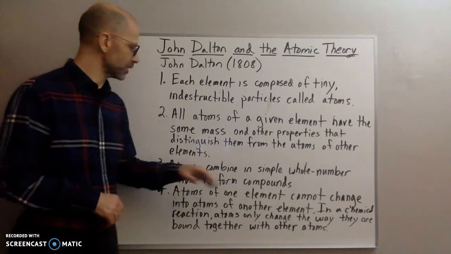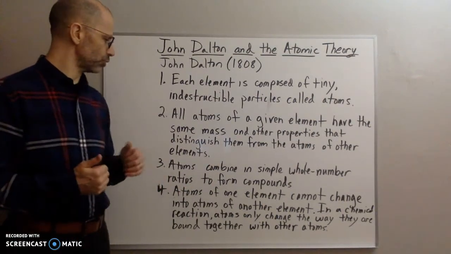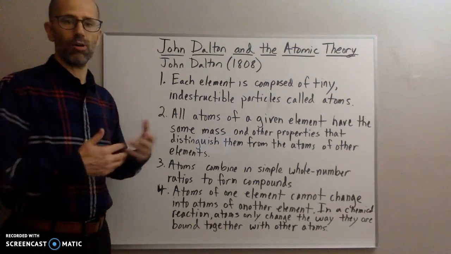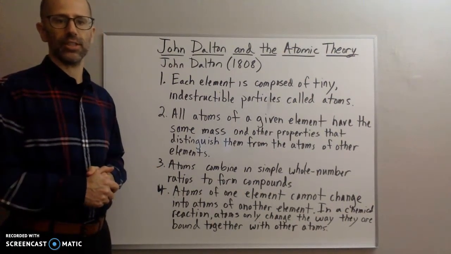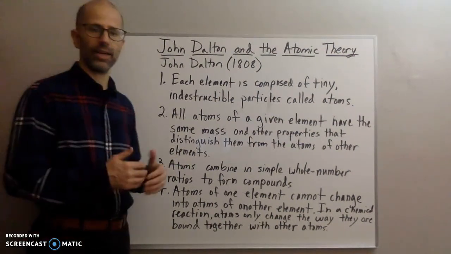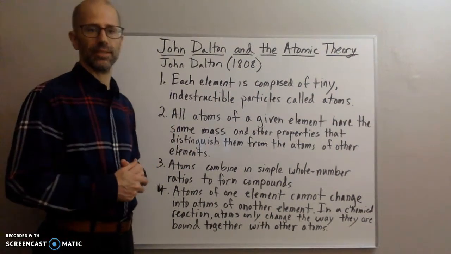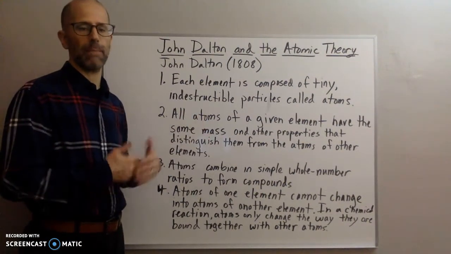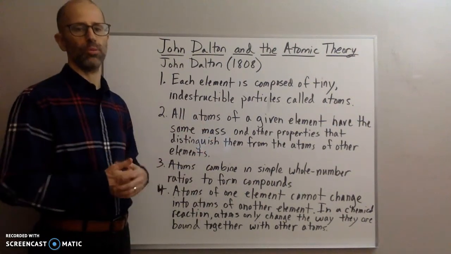Number 3, atoms combine in simple whole number ratios to form compounds. Again, that is consistent with the law of definite proportions, as we saw before. The law of definite proportions says that the mass ratio of the elements that make up a compound is going to be a whole number ratio.